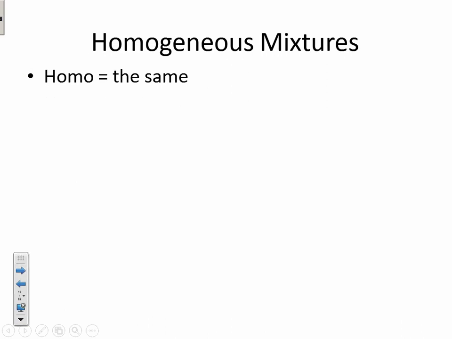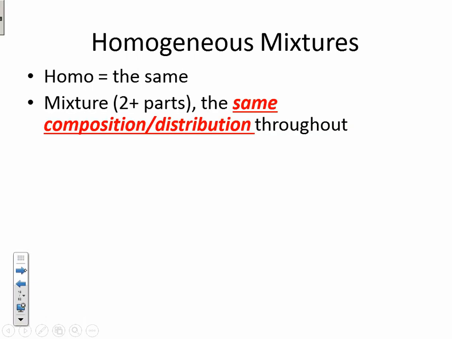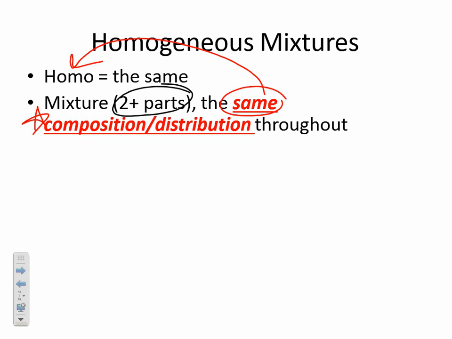Versus a homogeneous mixture. Now, it is still a mixture, so it's two or more substances, but the prefix homo means the same. That's literally what the prefix means. So again, it's a mixture, so we do have two or more components, two or more parts to it. But in this mixture now, you have the exact same, that's our same, that's why it starts with homo, the same composition, the same distribution throughout the mixture.